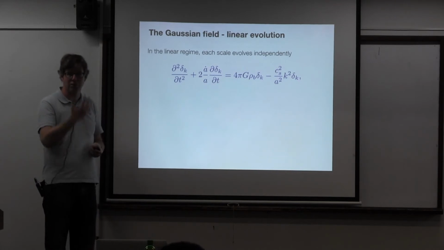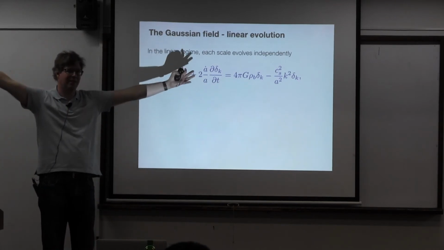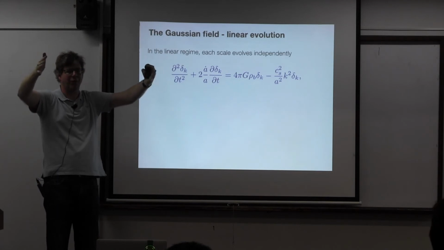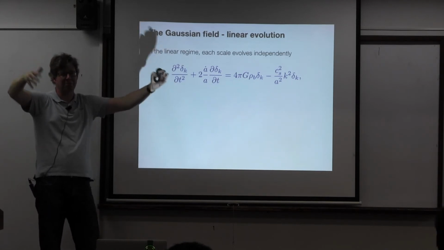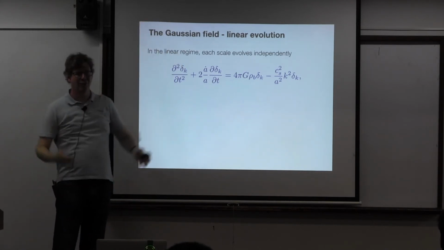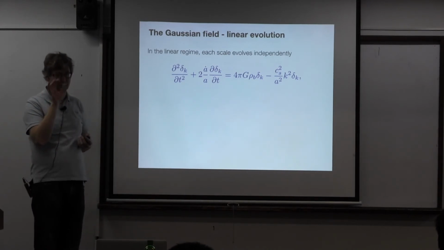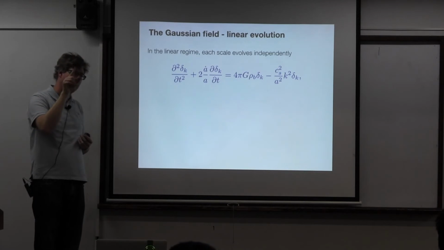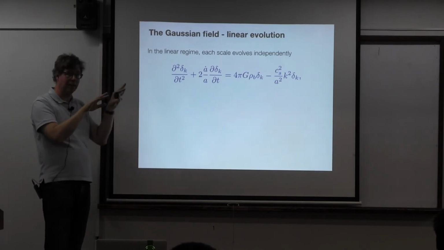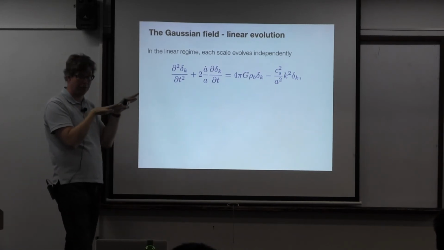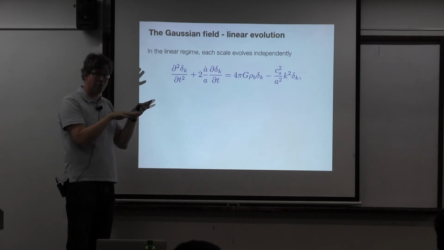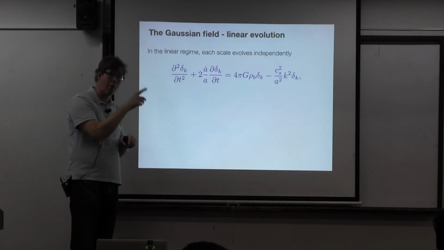That sounds a bit strange. You say, on big scales and slightly smaller scales, why do they evolve independently? Gravitation shouldn't really care about that. But that's just because we're working in linear theory. The effects that correlate different scales, that gravitation does do, of course, are second order effects, so they go away from the equation.